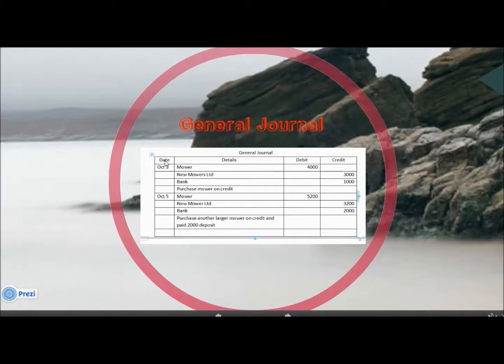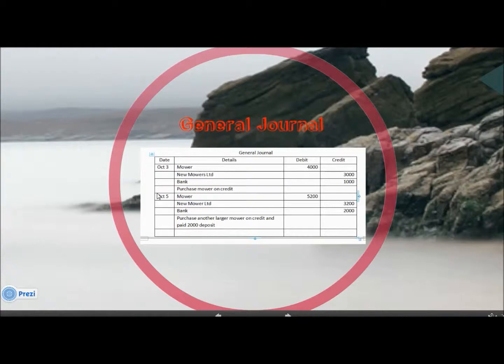So we put the date, details, debit and credit at the top. October 3rd is new movers ltd and bank, and this is purchased mover on credit, which is 4,000.